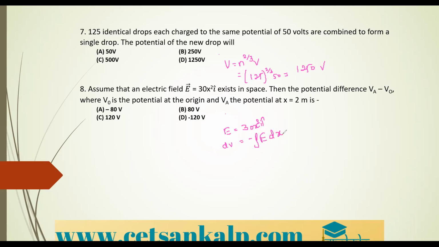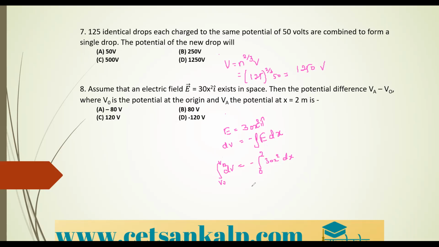So here dV, it is changing from V0 to VA, and this is equal to minus integration of 30x square into dx. The integration range is from 0 to 2 because it is from the origin to x is equal to 2 meter.